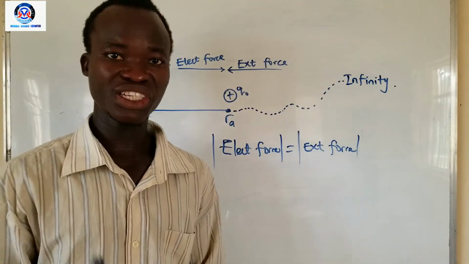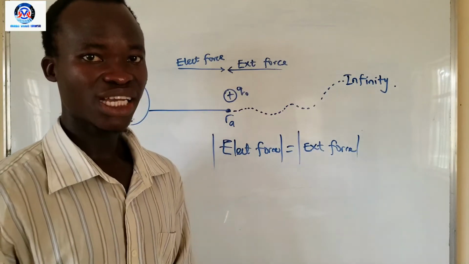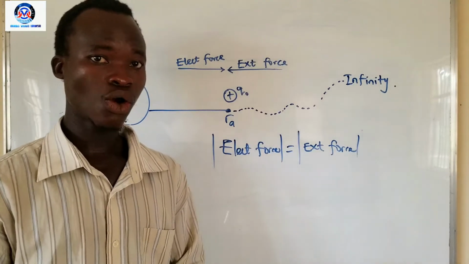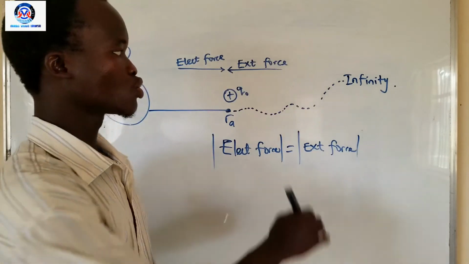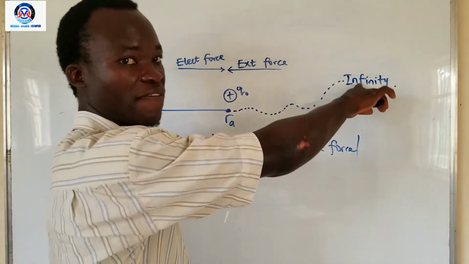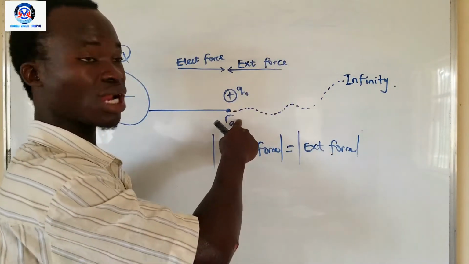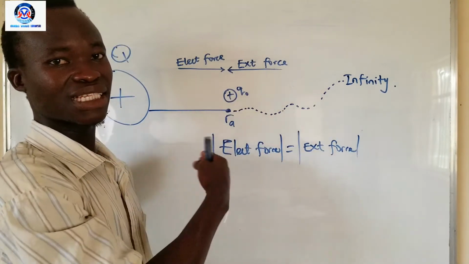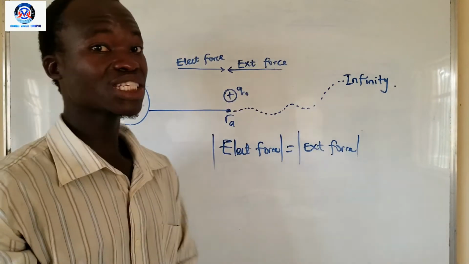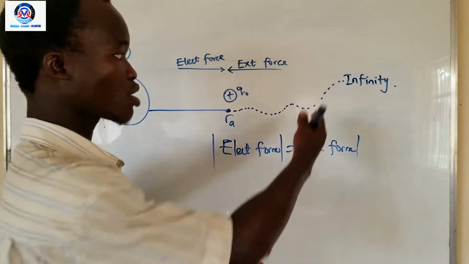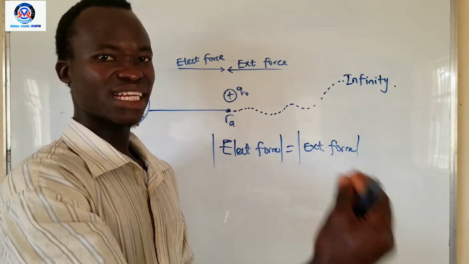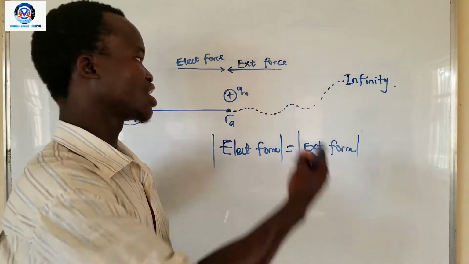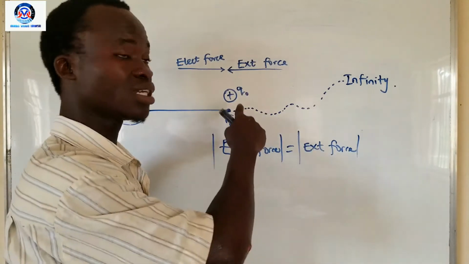The electric potential energy of a charge is simply the work that must be done by an external force to bring the charge from infinity to a particular point Ra against an electric field. We said it is the work done because in the process of the external force working on the charge, the external force is storing an energy in the test charge.